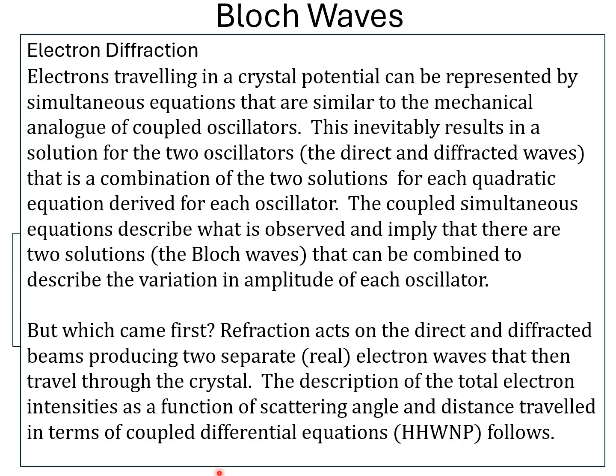They're each separated into two components, which are from Bloch wave 1 and Bloch wave 2. And you couple them all together, and by some further manipulation, you can rationalize what you get. I'm comfortable with that.